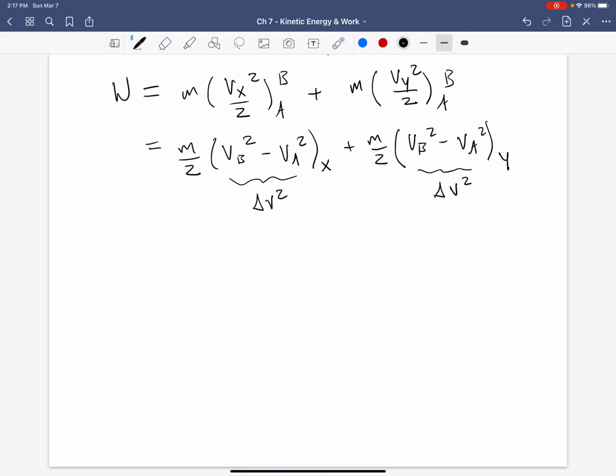And so if we have the change in speed squared for the x and the y directions, we can combine this with the Pythagorean theorem and say that all of this is simply equal to 1/2 m times VB squared minus VA squared. Well, that's simply the total change in kinetic energy, right? This is what we mean by kinetic energy.